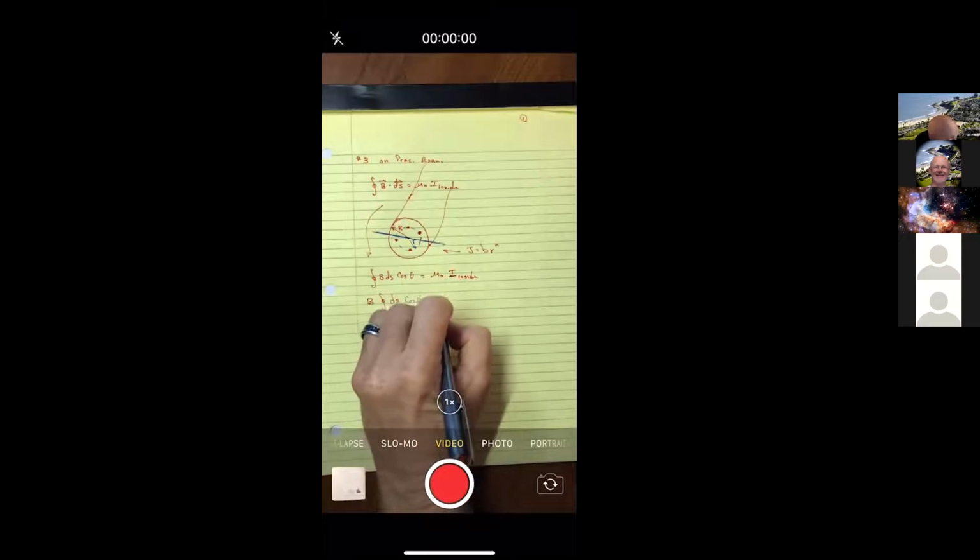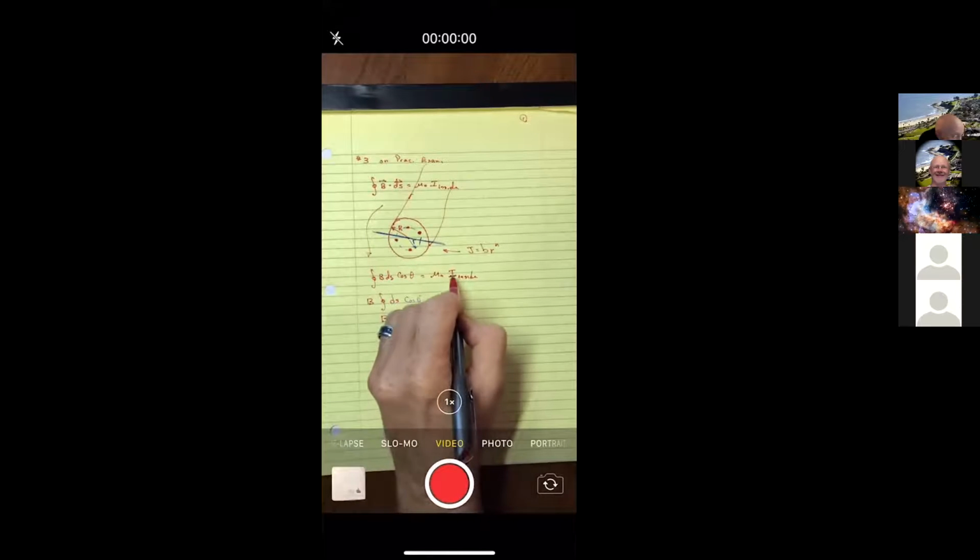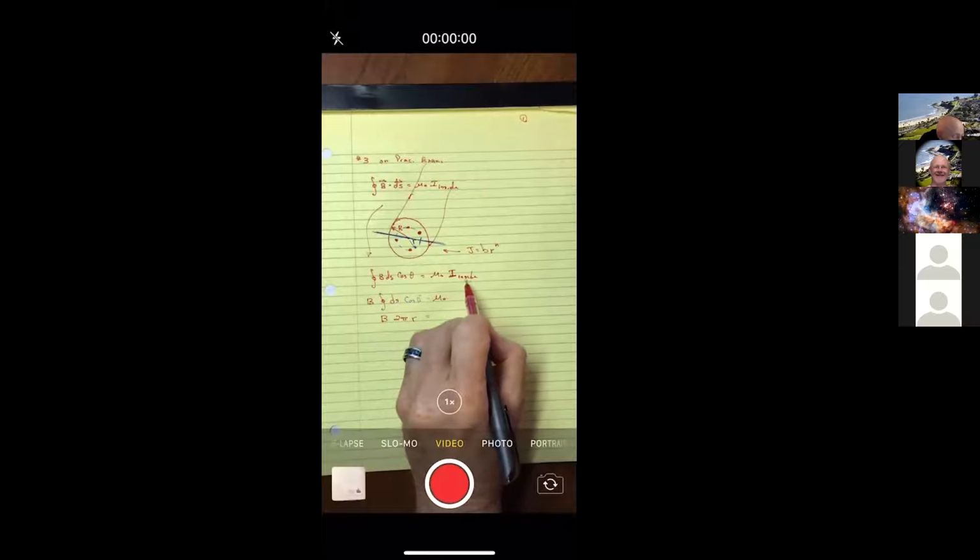Because this part here, the current, is the current that goes inside of the amperian loop.